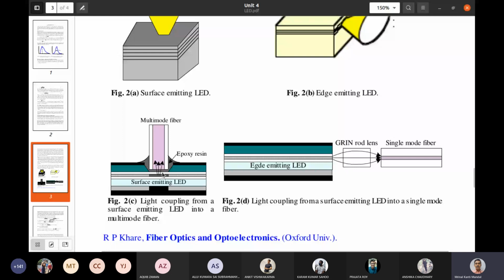So this is a surface emitting LED, which is coupled to multimode fiber with the help of epoxy resin. Now you see another, that is the edge emitting LED.